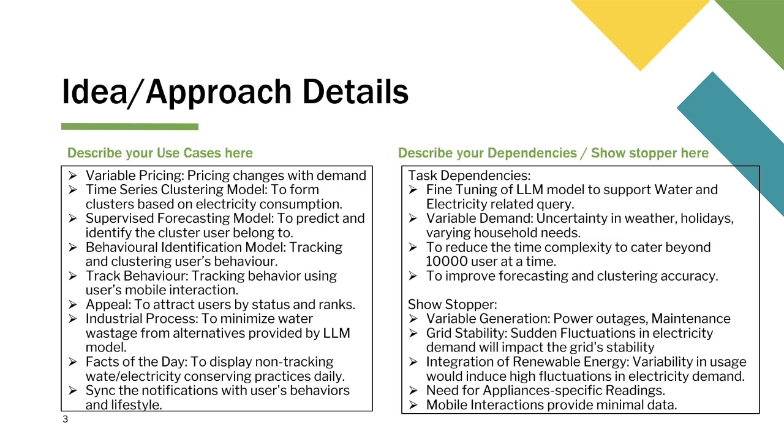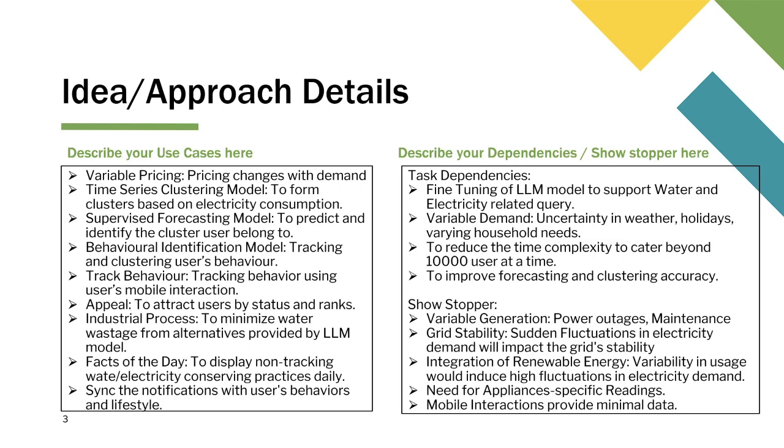Now the showstopper. Over here, there is variable generation. What does that mean? We do have power outages, maintenance, as well as renewable energy resources. Because of that factor, it will be a lot more difficult to map an ML model just based on the user behavior.